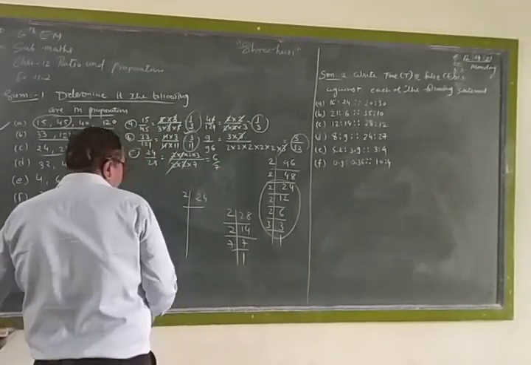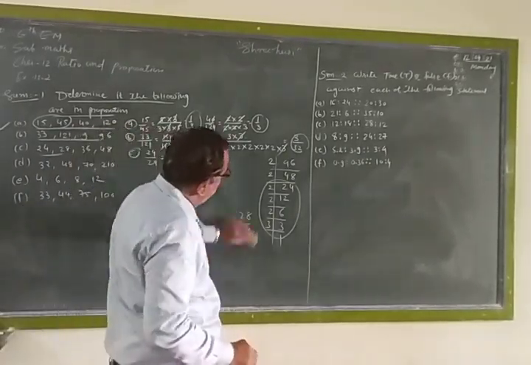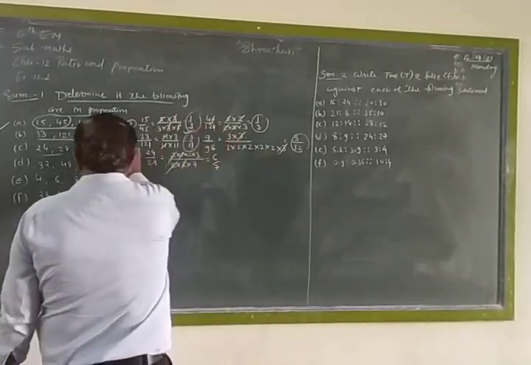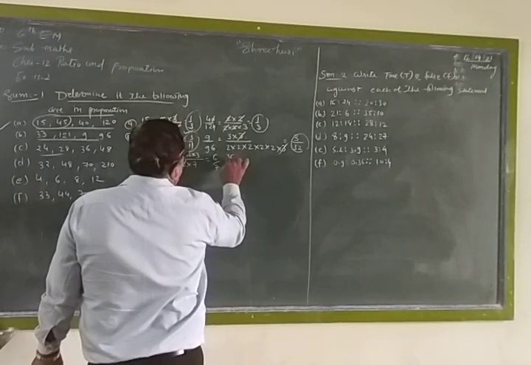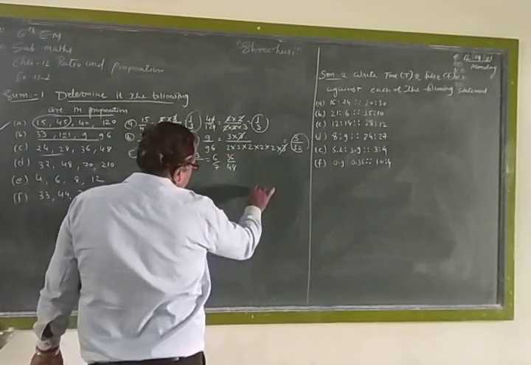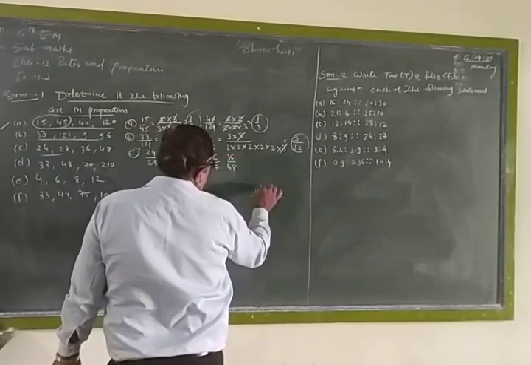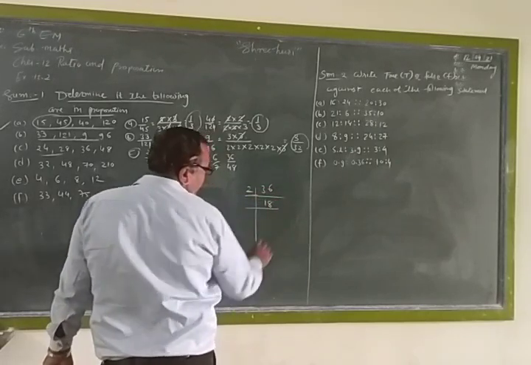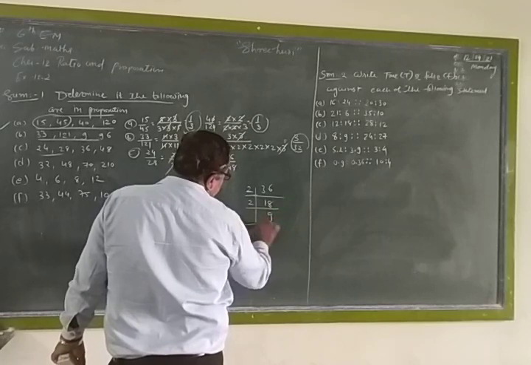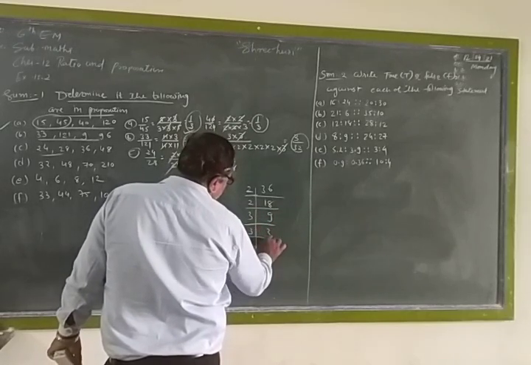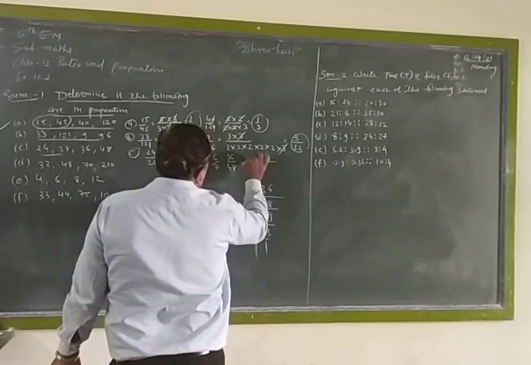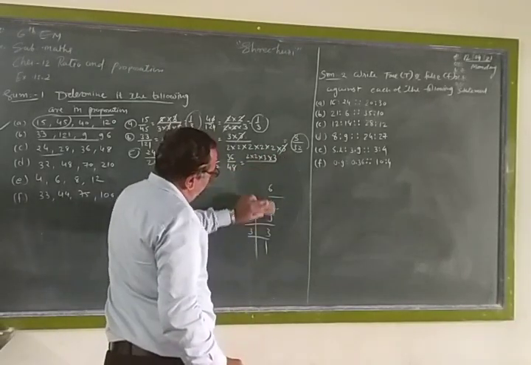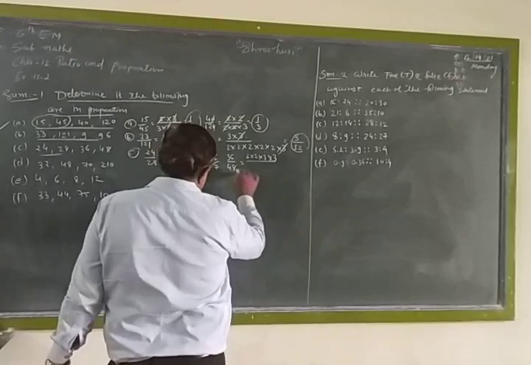Now the reduced form of 36 and 48. The prime factors of 36 are 2 times 2 times 3 times 3, since 2 times 2 is 4, 4 times 3 is 12, and 12 times 3 is 36.